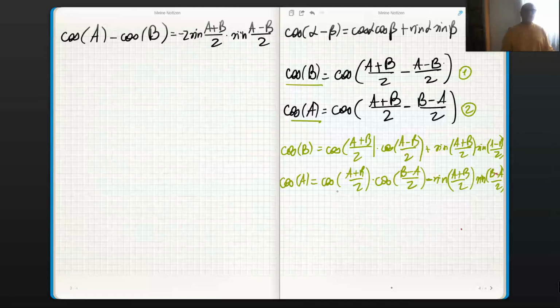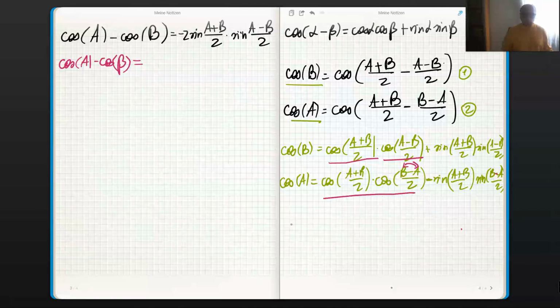Okay, so if we now subtract, we want to subtract in this case, as you can see. So if we subtract cosines, that means cosine of A minus cosine of B, going to be what? Well, what is happening with those two, as you can see, this is the same as this one, and if I'm rearranging those two, I have to put a minus in front. The cosine is kind of killing the minus, so those two are of the same value with different signs because we're subtracting, so they're gone.